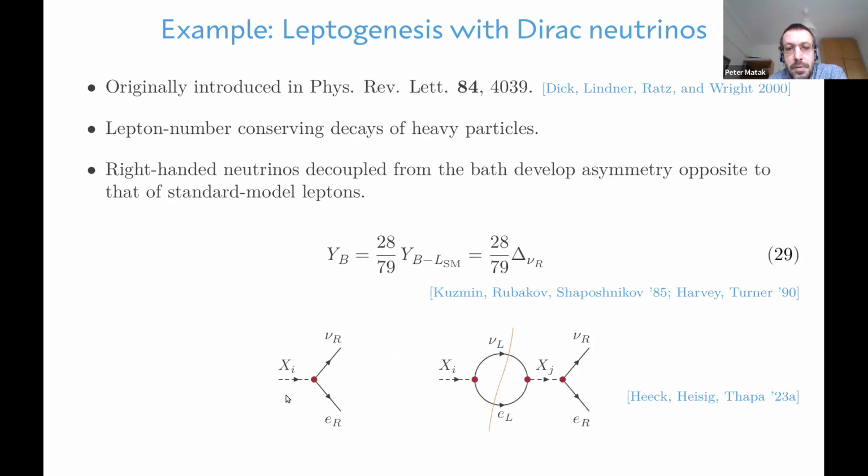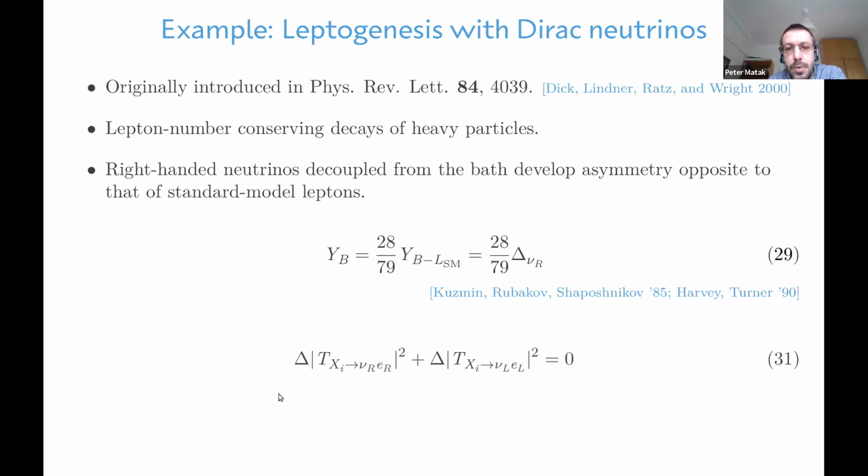In this case, we have diagrams of this form. We have tree-level decays of X into right-handed electron and right-handed neutrino, the same for left-handed doublets, or left-handed neutrino and left-handed electron. And then we have this type of loop. And from the interference of these 2 terms, we'll get the asymmetries, which will cancel each other.